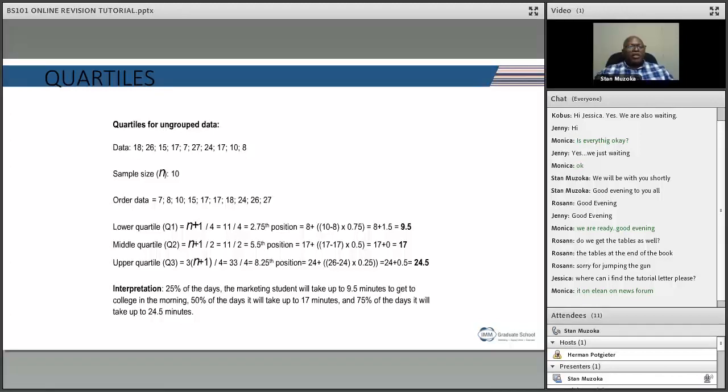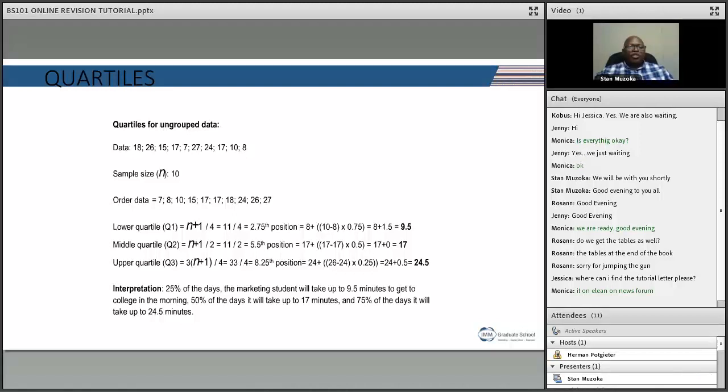And the second is 8, the third is 10. Therefore, it is the 8, which is in the second position, plus the difference between the second and the third, multiplied by the residual, which is 0.75.